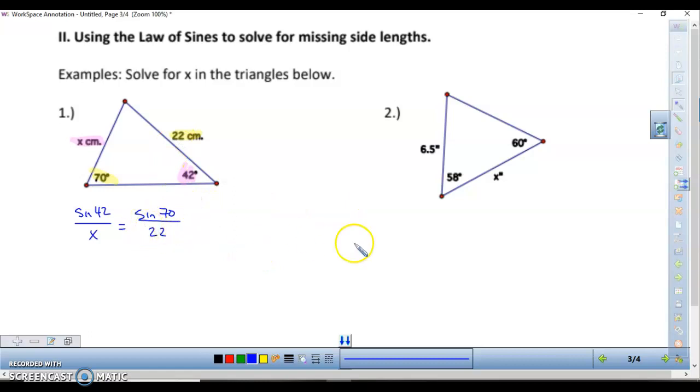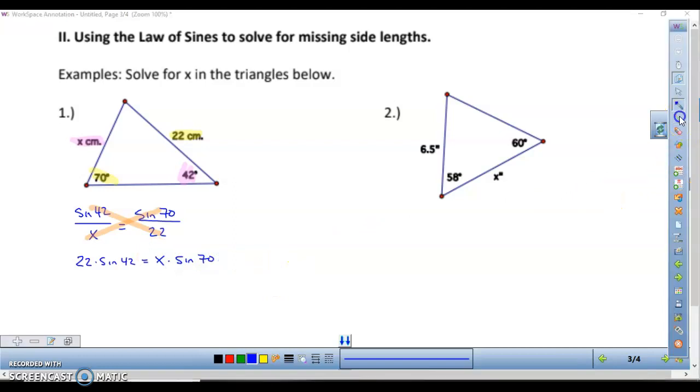All right, so now I have a proportion, and the way we solve proportions, which you probably remember, is we use cross multiplication. So I'm going to say 22 times the sine of 42 is equal to x times the sine of 70.